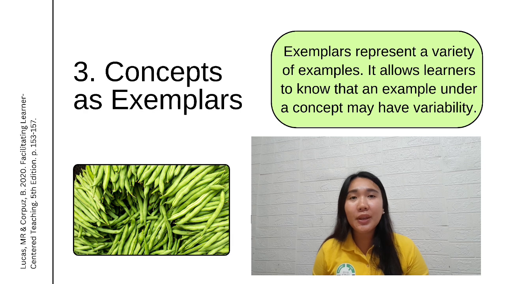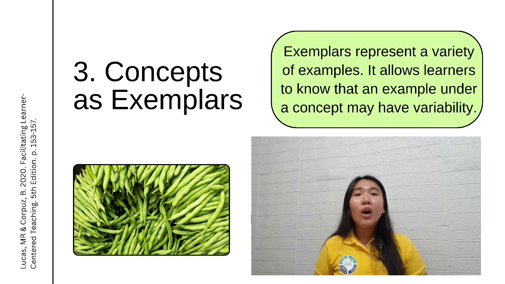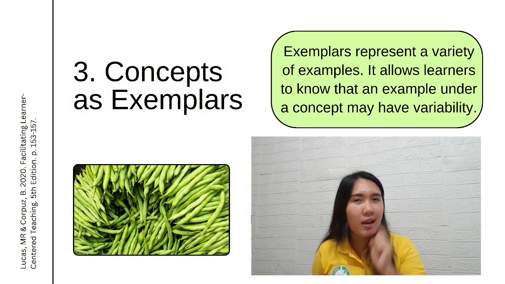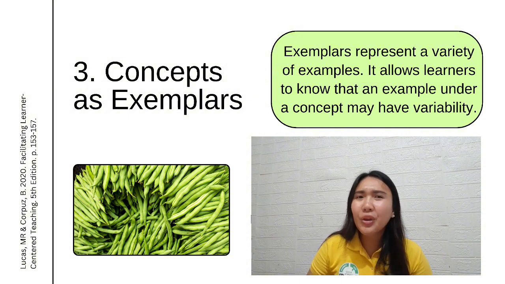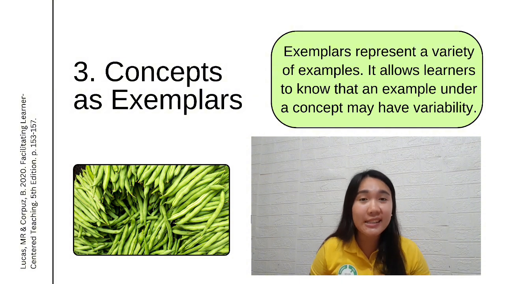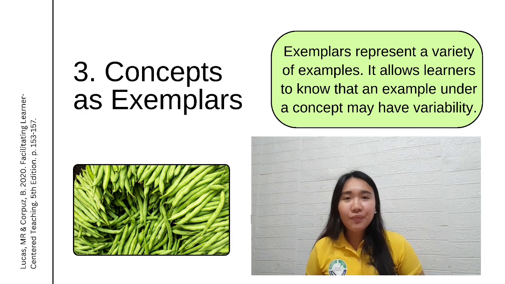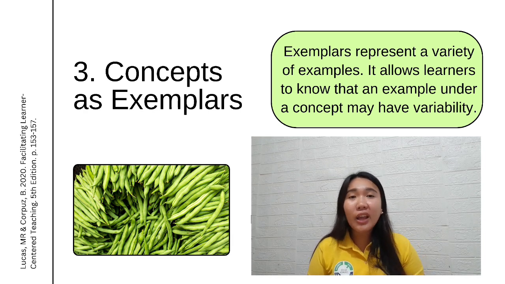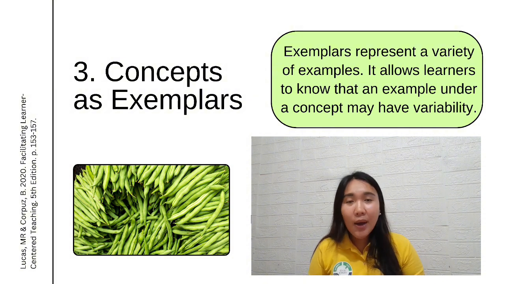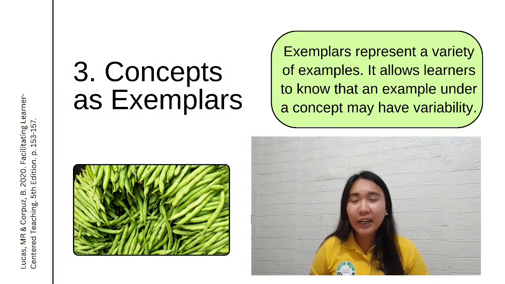So matching new instances to exemplars, wherein when we encounter a new instance, we don't compare it to a single prototype. Instead, we compare it to all the exemplars we have stored for that concept. We then categorize the new instance based on the exemplars it most closely resembles.